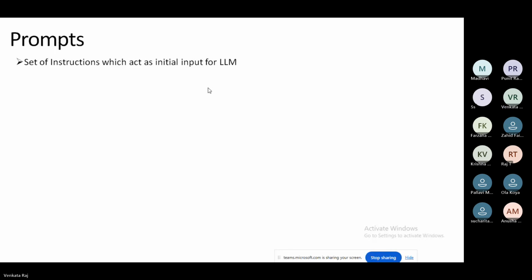Whenever we give this instruction, guys, you are defining the task. What task do you want to get done with the help of the LLM, with the help of the AI model? That is basically the task which we are defining.